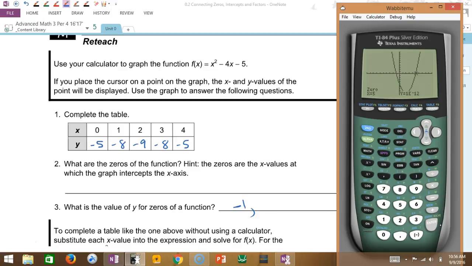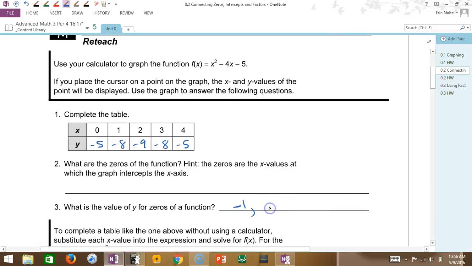Let's call that 0. Why does the calculator pop this out? I have no idea. It is a glitch in their operating system. But anytime you see an E like this, we're going to call that 0. So I have used my calculator to prove that 5 is in fact a 0 of our function.